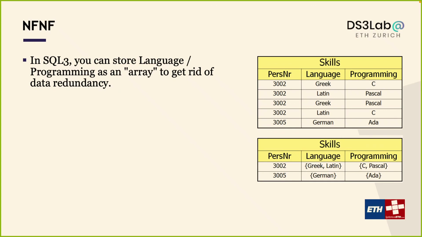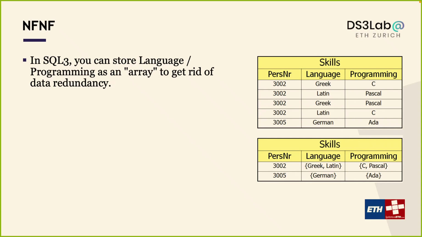Instead of treating language as an atomic value, I store it as a set. So this person, 3002, speaks 2 languages, so I store that as 2 values, and 2 programming languages, also 2 values in the set. So I could do that. There's nothing stopping you from doing that in practice. And if you have an application that really falls into this, we really recommend you to actually do this.